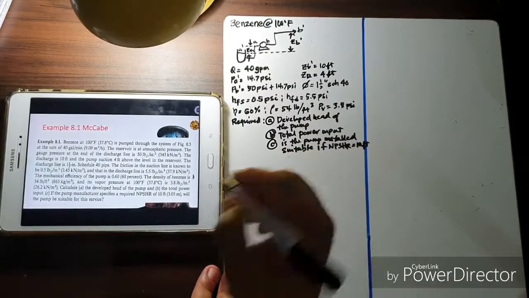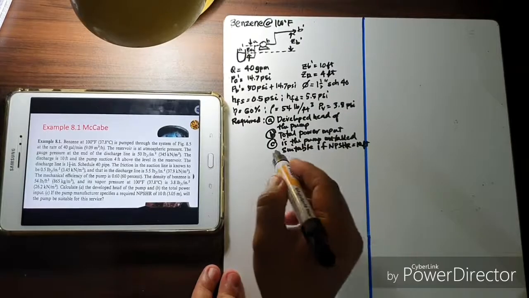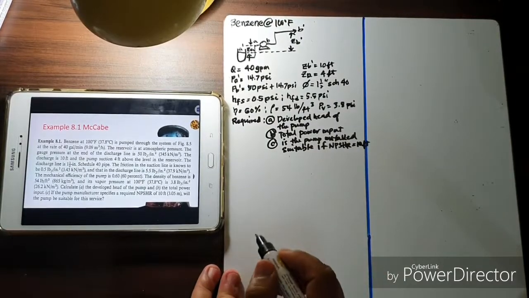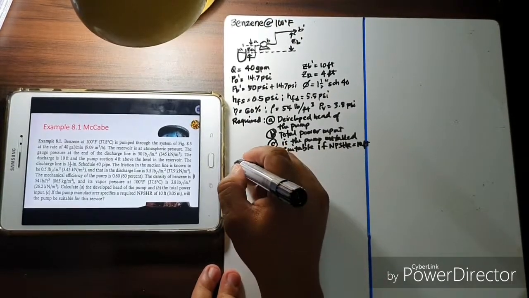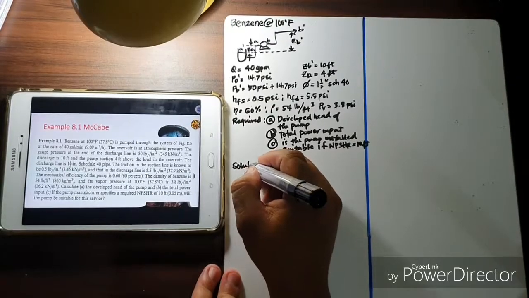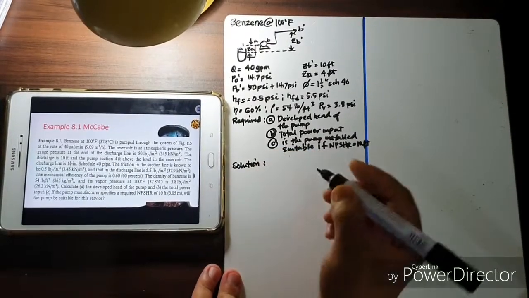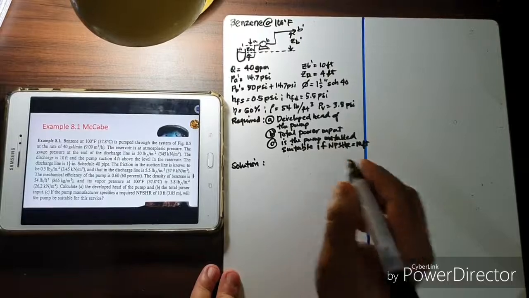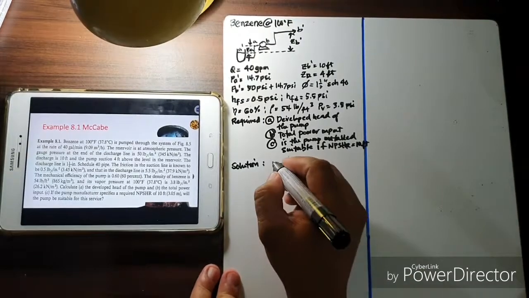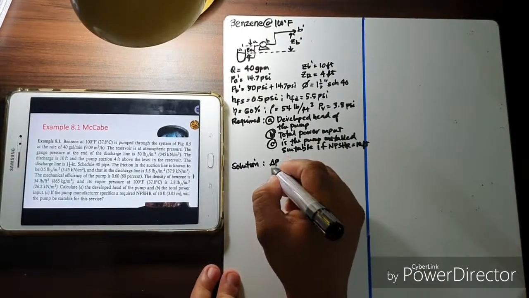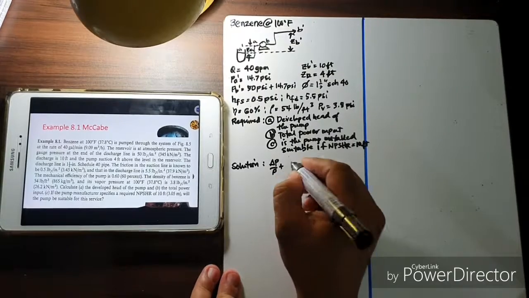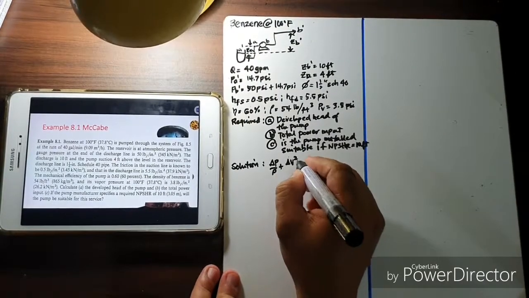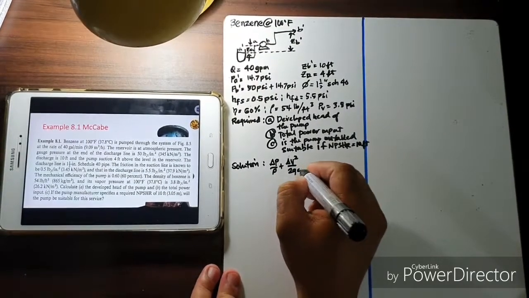So first, to be able to calculate all of this, the most important equation is of course Bernoulli's equation, or the mechanical energy balance. We have delta P over density plus delta v squared all over 2gc.